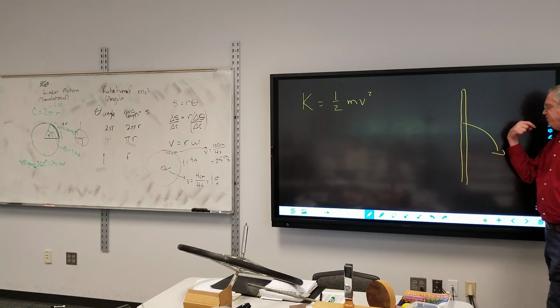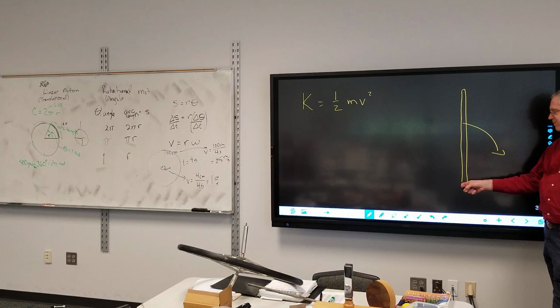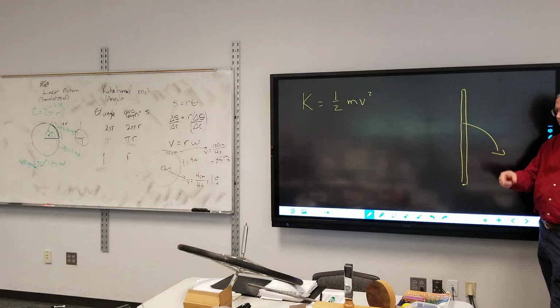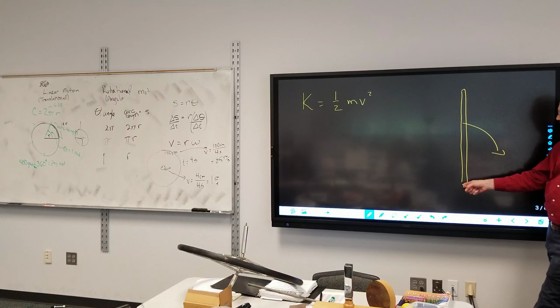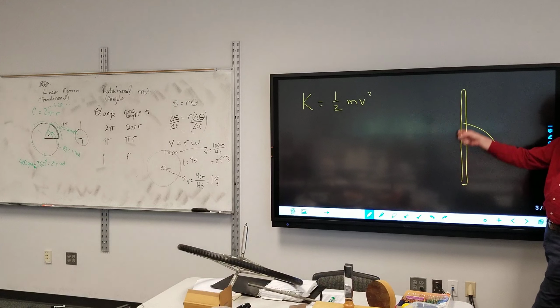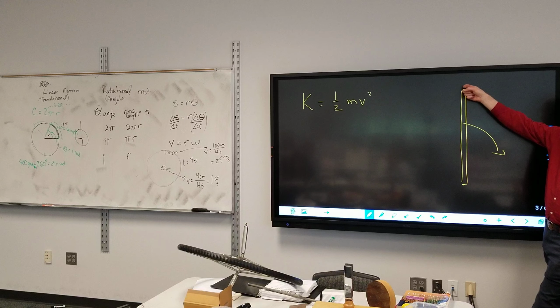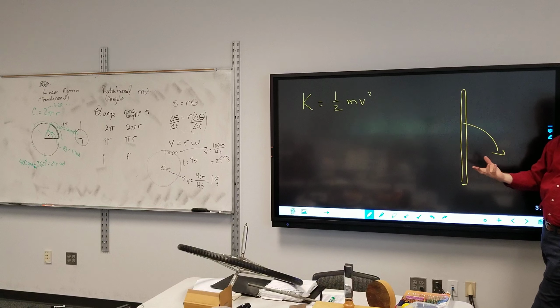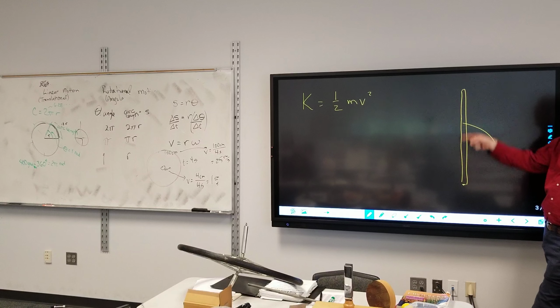So if I have this thing falling, if the bottom is sort of not moving, this isn't traveling very fast, but this is traveling a whole lot faster. So if I'm plugging into 1/2 mv squared, what do I choose for my speed? Because I got a wide variety here.